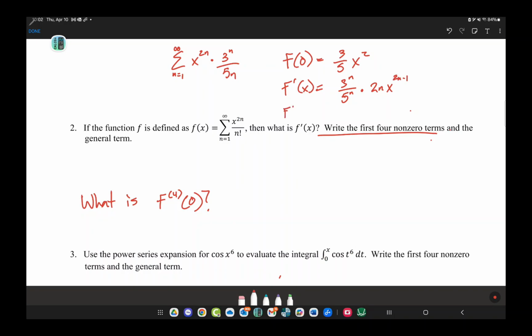What is f double prime of x? 3 over n, 5n, right? Times what? 2n times 2n minus 1, x to the 2n minus 2, right?